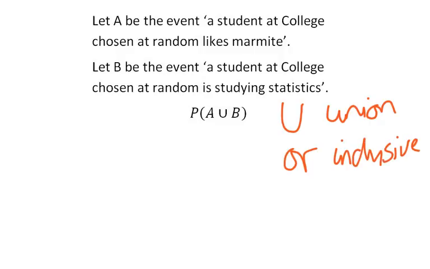An inclusive or means it could be A or B or both. So it could be that a student just likes Marmite, it could be that they just study statistics, or it could be that they study statistics and they like Marmite. All three of those are included when you see the union sign.